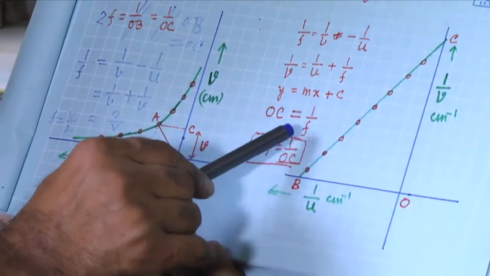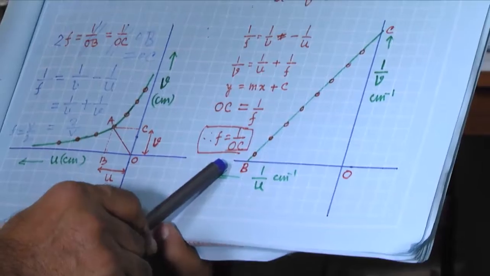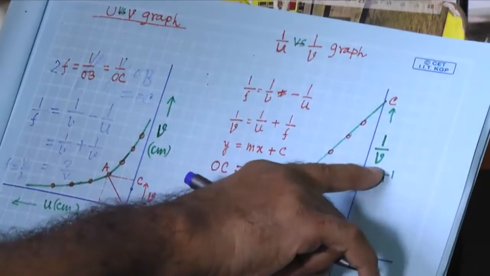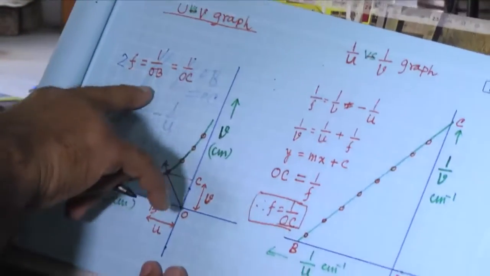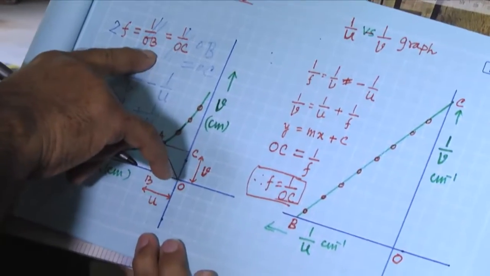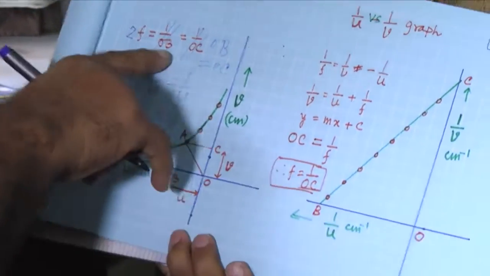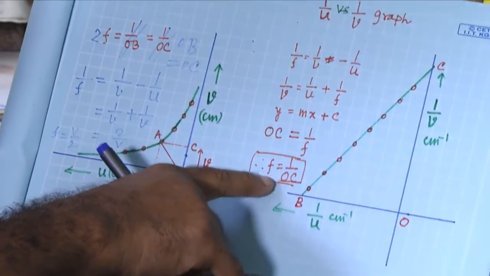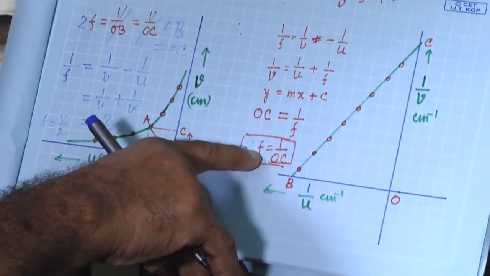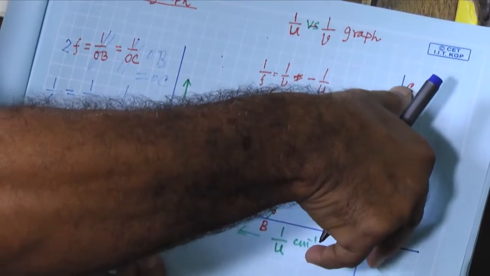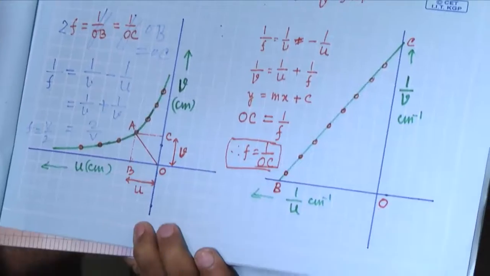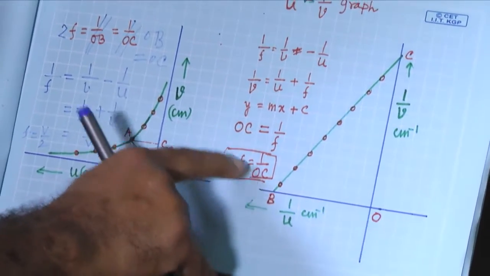So f equal to 1 by OC, because here it is 1 by v. I made a mistake, so I corrected it. So 1 by OC will be the f.